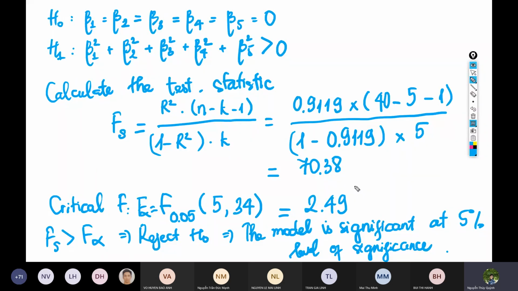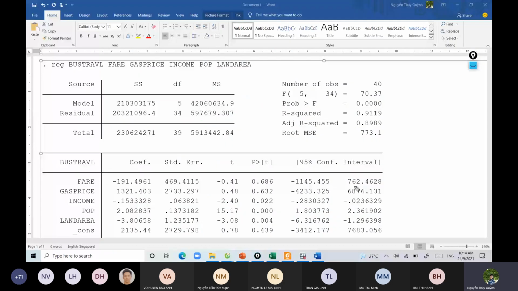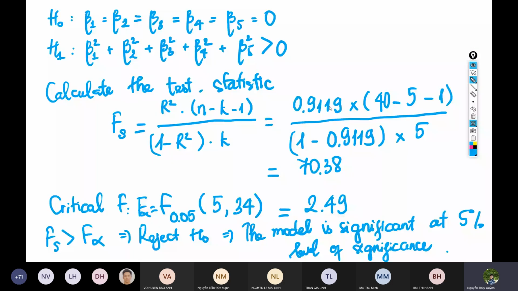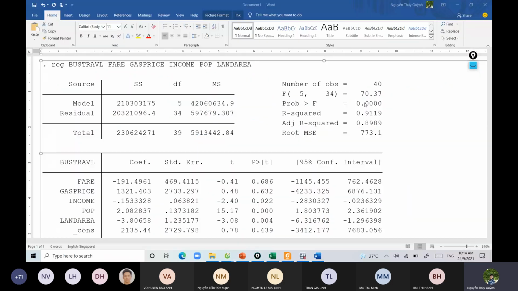And as we said, we have one more way to do the test, that is using the p-value approach. Now look at the estimation output here. Below the number of observations, we have an F here, with degrees of freedom of 5 and 34.